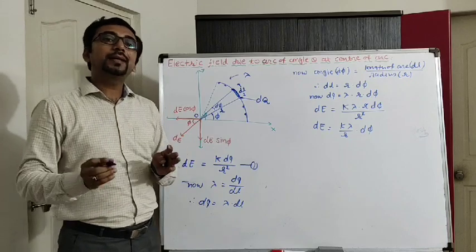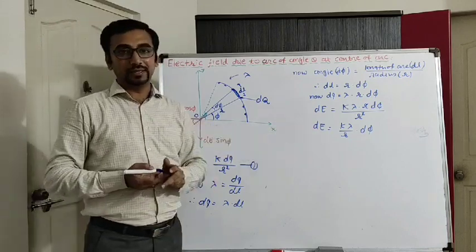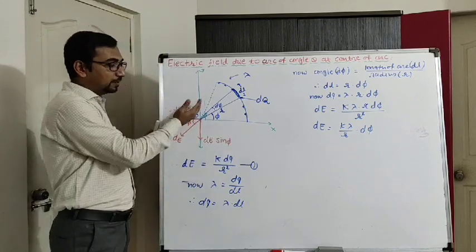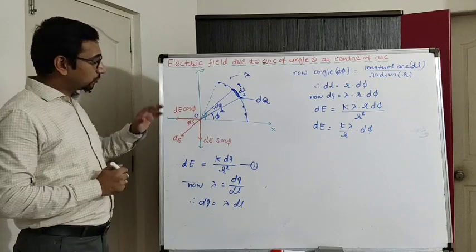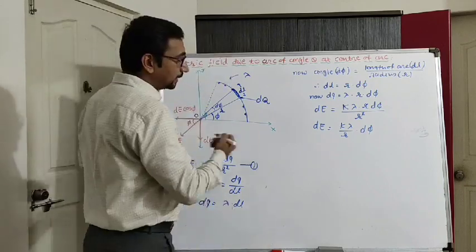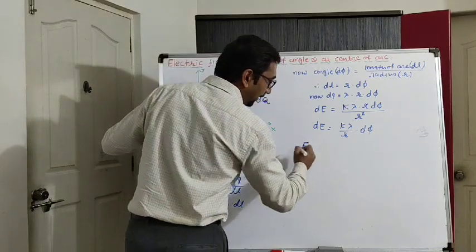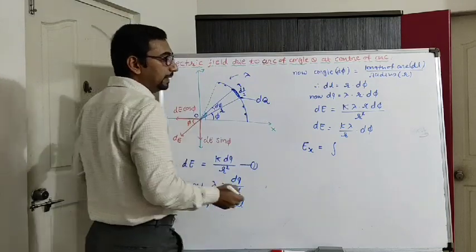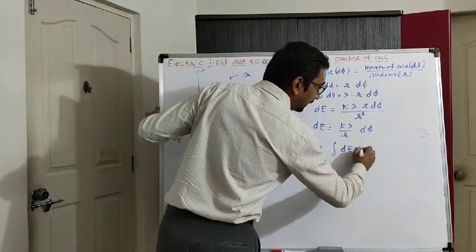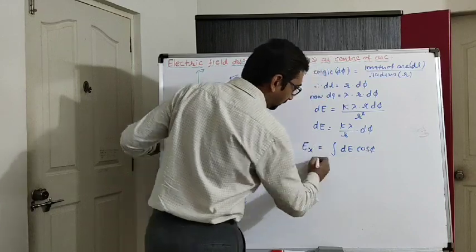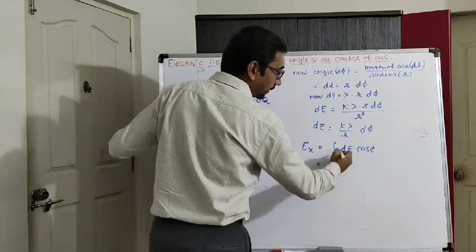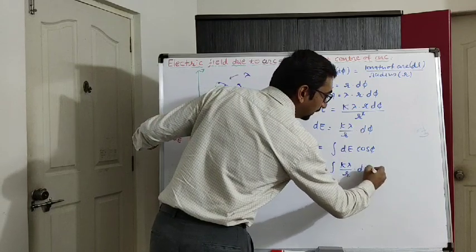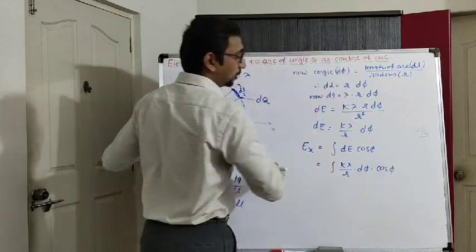Now the total electric field is the integration of this electric field, but here the total electric field will have two components. One component is along the negative x-axis. So if we find the x-axis component Ex, it will be the integration of all the dE cos phi components. What is dE? It is k lambda upon r into d phi into cos phi.